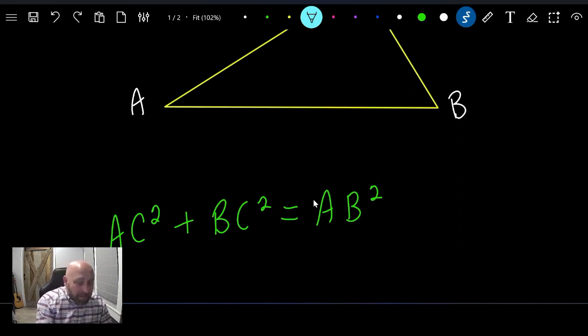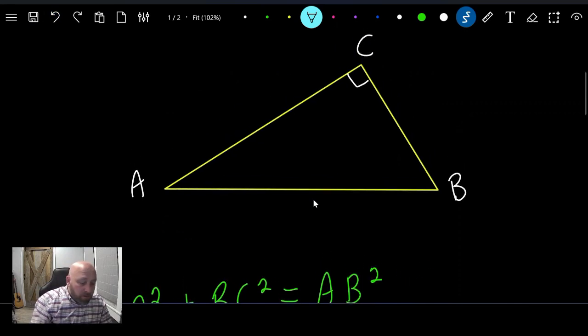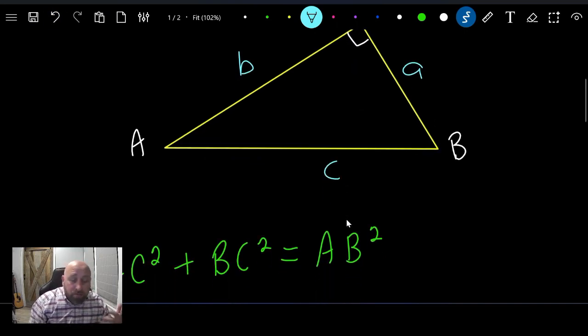Now, that's the same thing as if we used our letters. So across from this is going to be small letter A. Across from this is going to be small letter B. And then across from this is going to be small letter C. So that's what we normally use, the small letters instead of the actual lines.